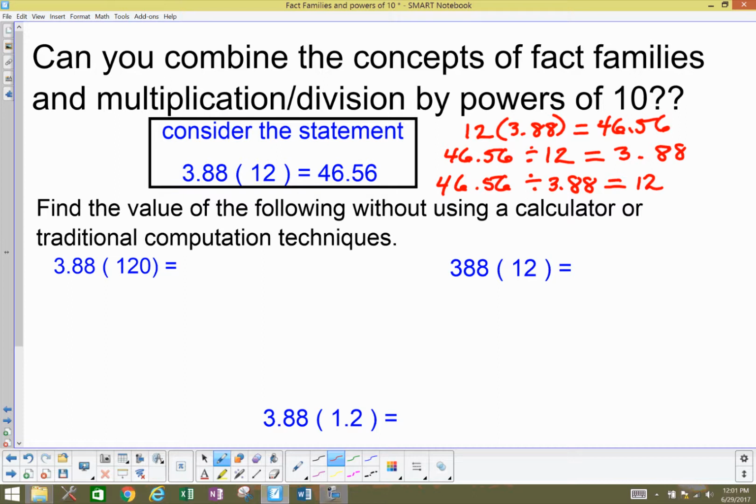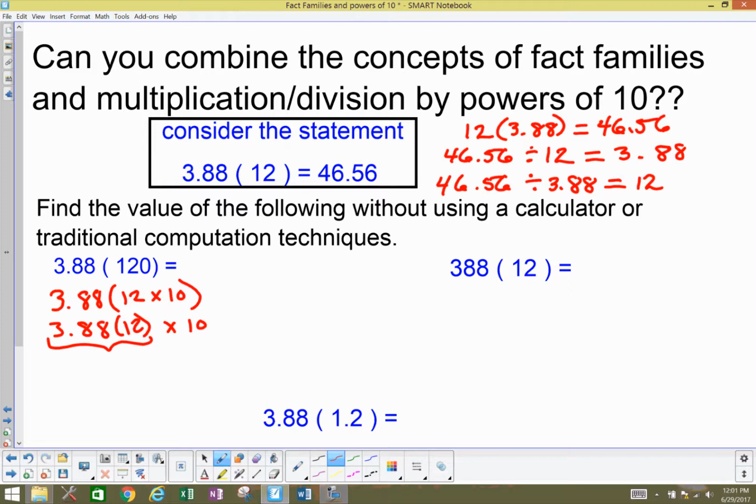So 3.88 times 120. Well, I know that's the same as 3.88 times 12 times 10. 120 is the same as 12 times 10.